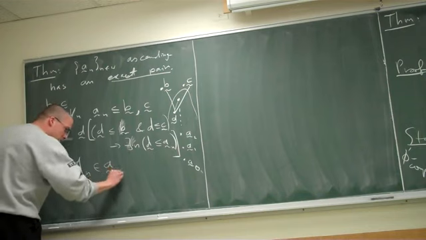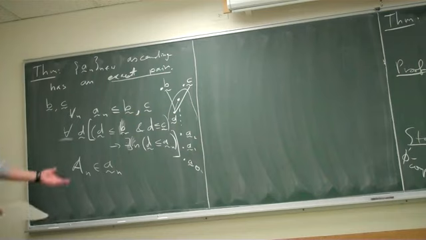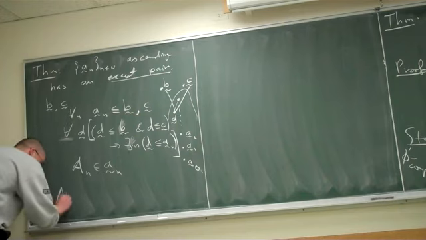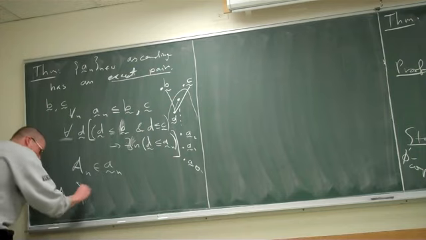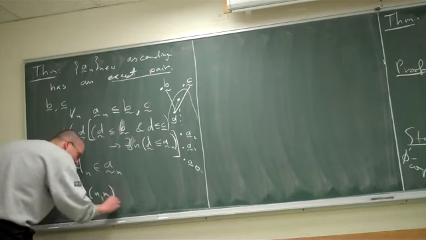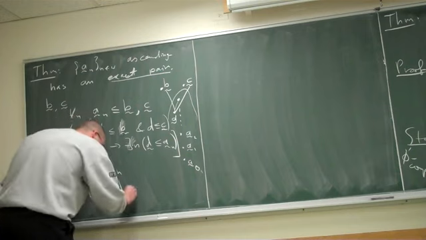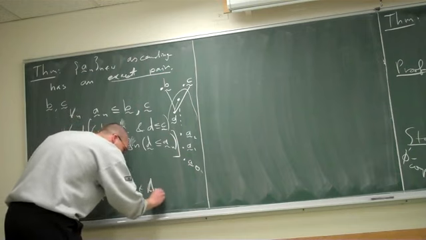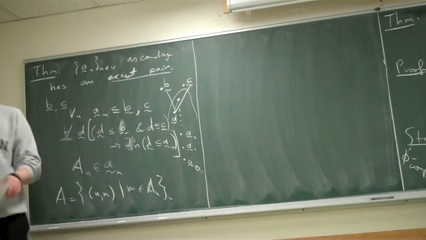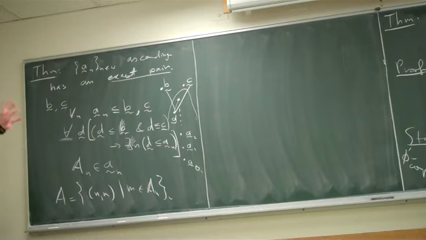So choose a representative of a n, and then we can choose the set A to be the set of pairs (m, n) such that m is in a n. This is exactly the same idea as the join of two sets, except that you're now joining together infinitely many sets.